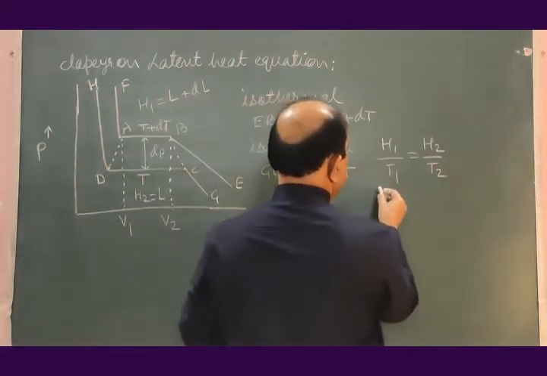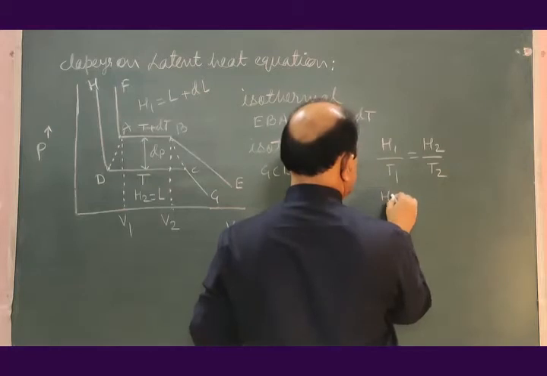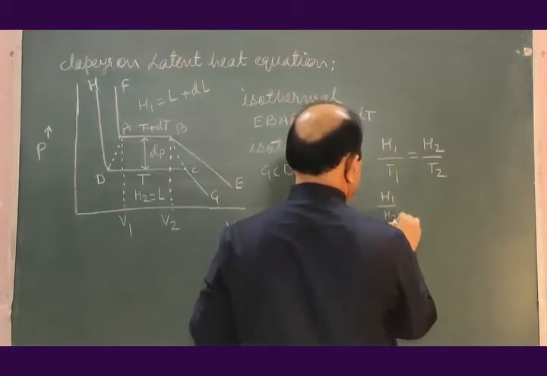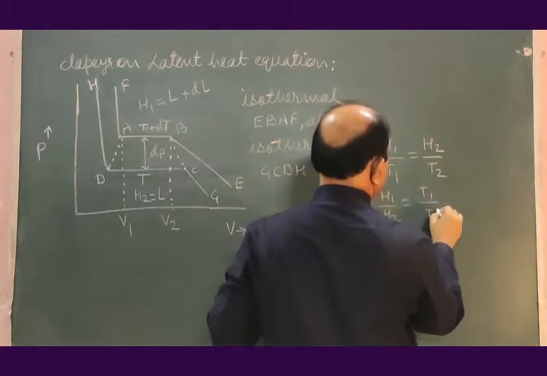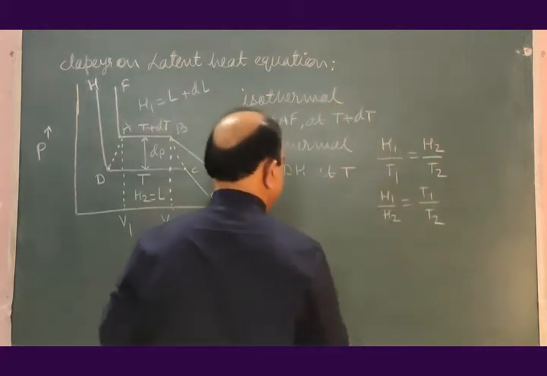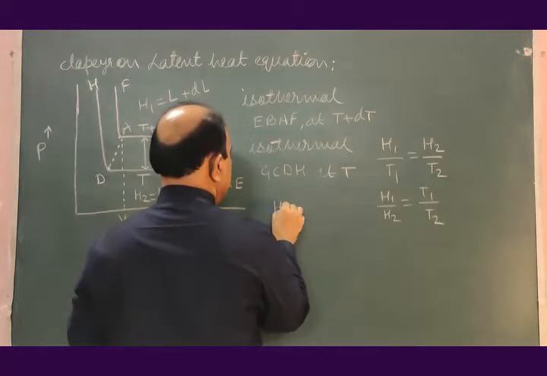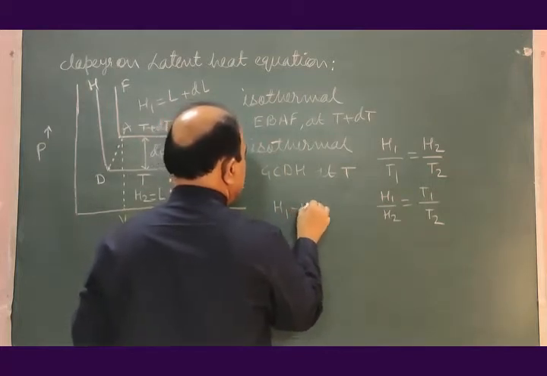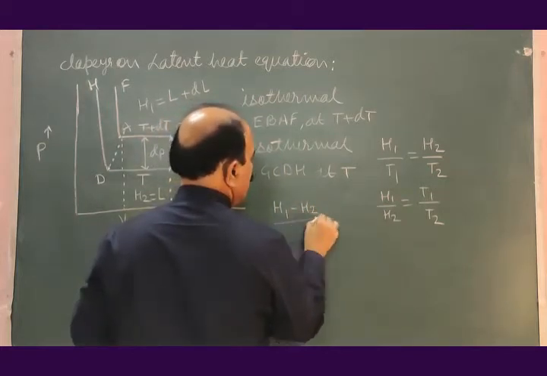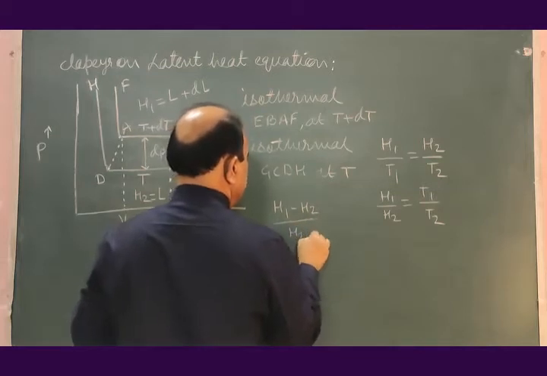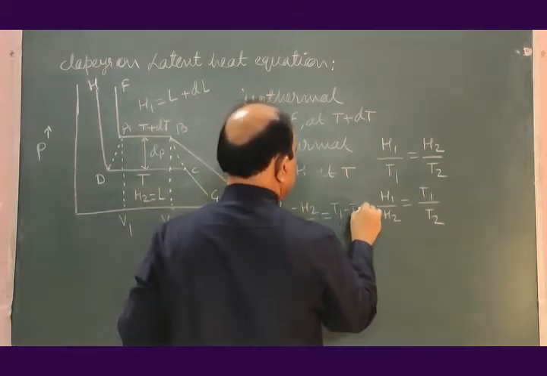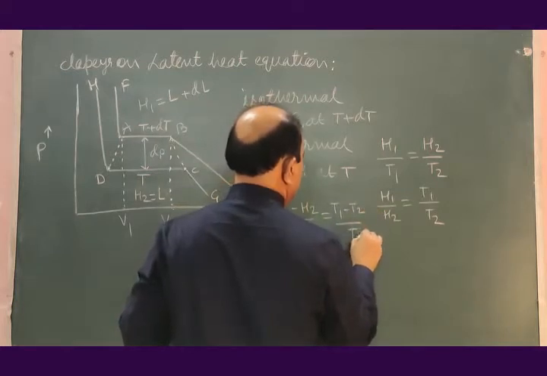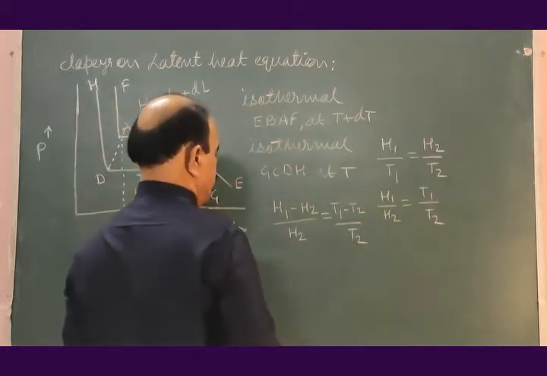Or we may write this further as H1 by H2 is equal to T1 by T2, that is nothing but (H1 minus H2) divided by H2 is equal to (T1 minus T2) divided by T2.